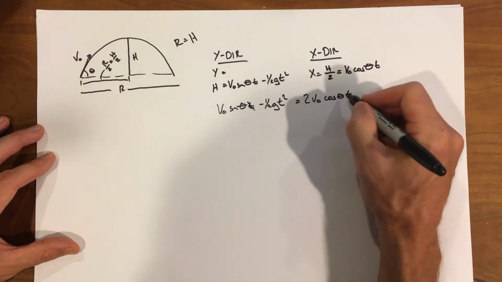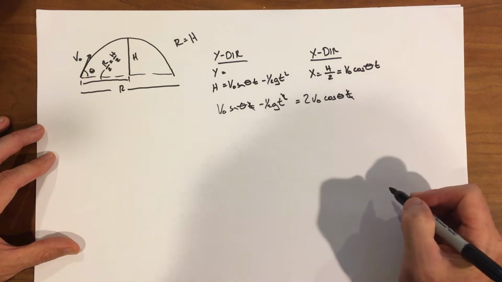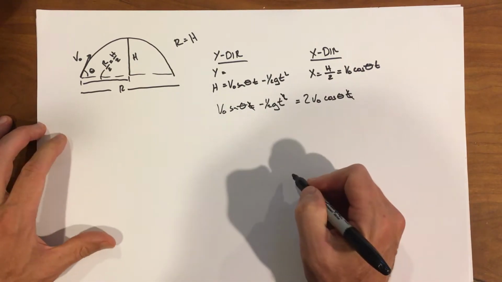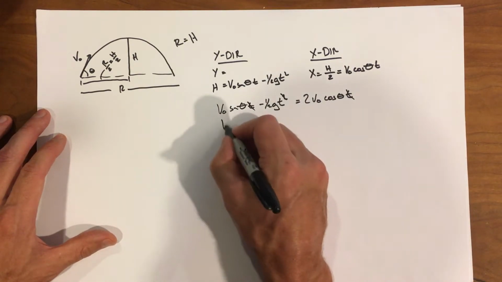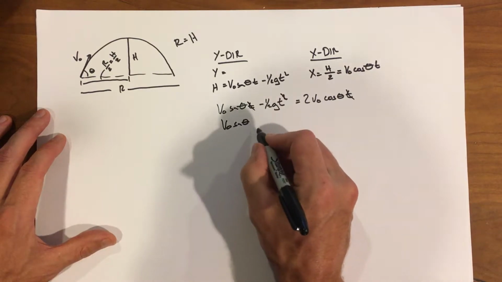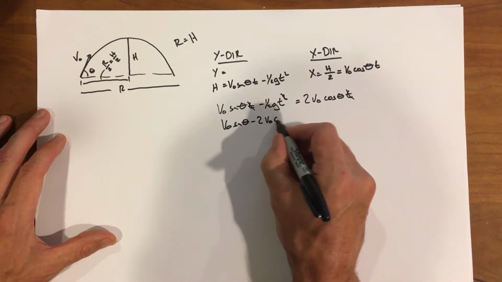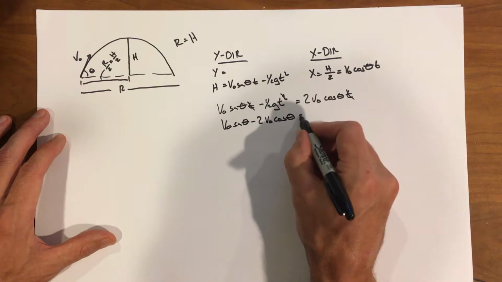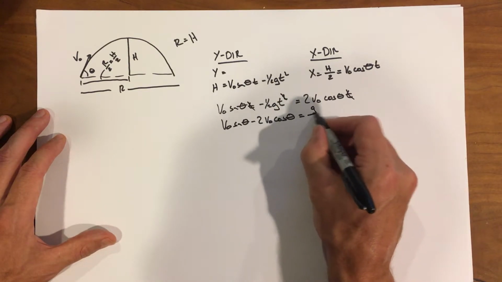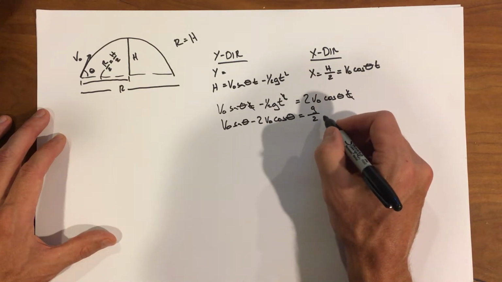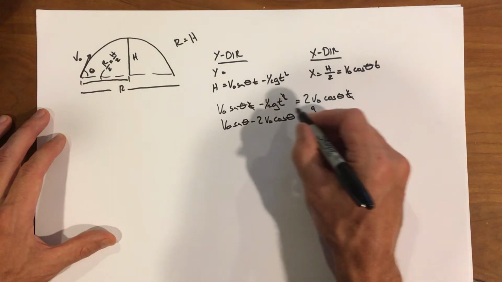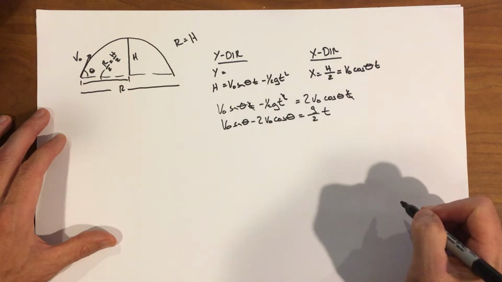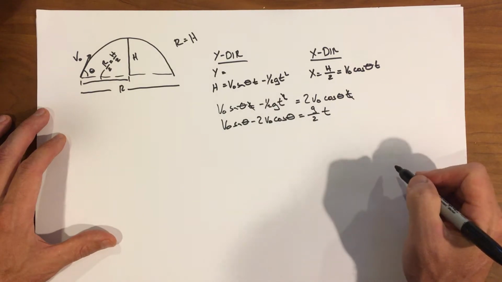And look, I can cancel out a t from each term, but I'm still left with this t. So let me rearrange this. I have v naught sine theta minus 2 v naught cosine theta equal to g over 2 t. So now I have 2 unknowns, so I'm going to have to look somewhere else.